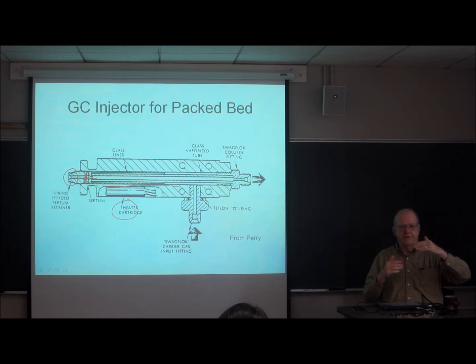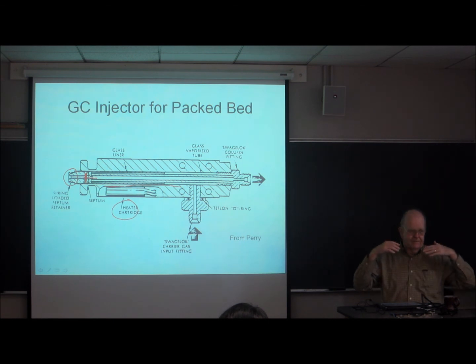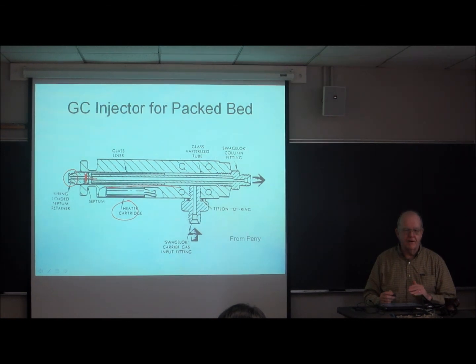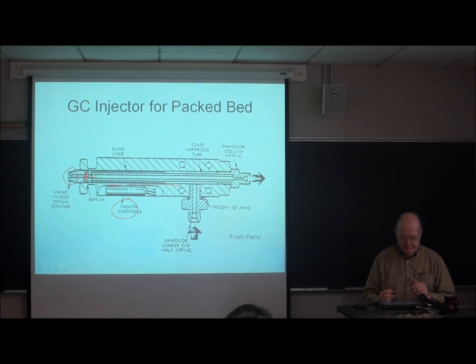So you inject your sample in a solvent onto the liner, and the idea is to vaporize it instantaneously. Now, the only way you can vaporize it instantaneously is, A, you gotta have the liner above the boiling point of the sample. If it's below the boiling point of the sample, you just blew it. The peak's gonna look like garbage.